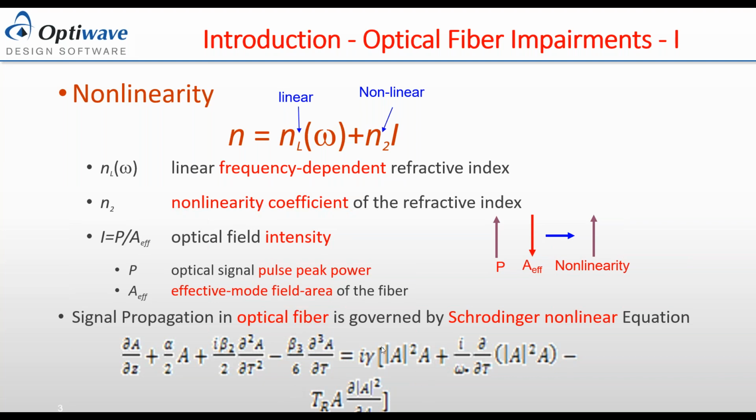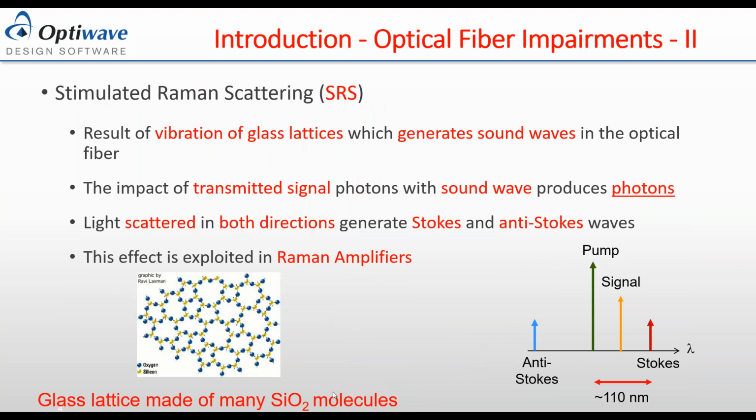This is the nonlinear term, which is mainly related to the self-phase modulation nonlinear effect and self-steepening, and then this term, which is related to the stimulated Raman scattering nonlinear effect. And today we're going to talk mainly about stimulated Raman scattering and Raman amplification.